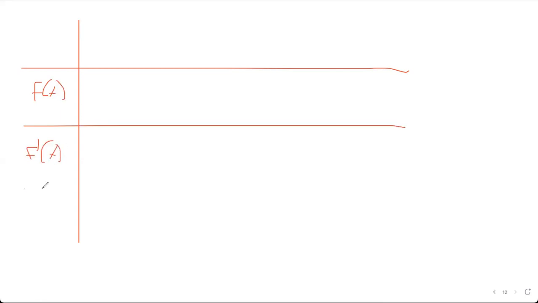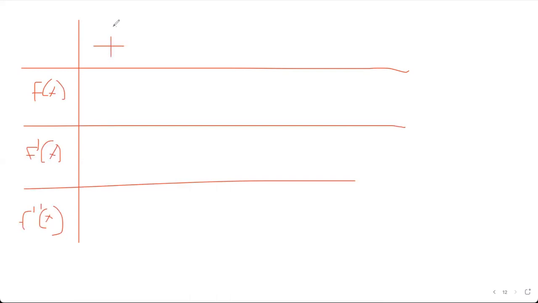How does this work? I'll make a little table so it's easier to see. So here's f of x, here's f prime of x, and here's f double prime of x.